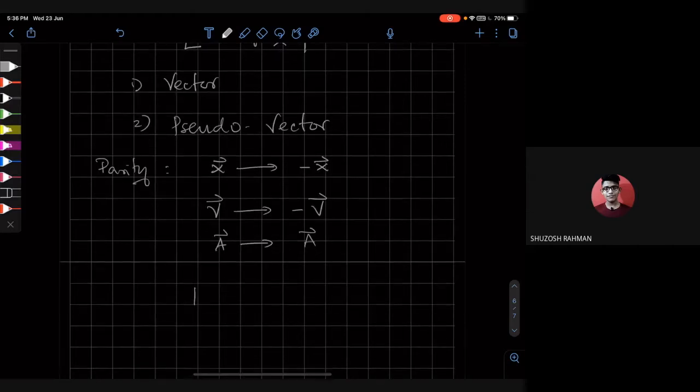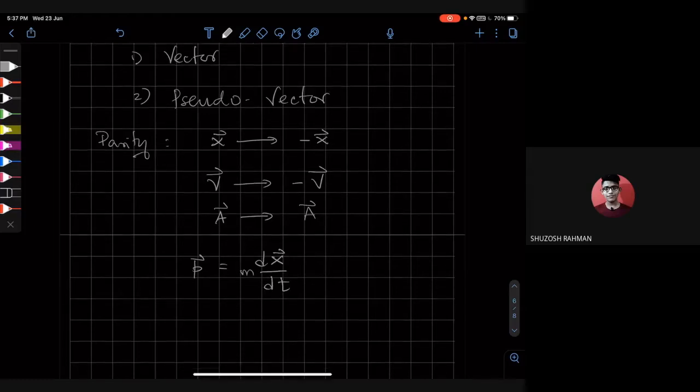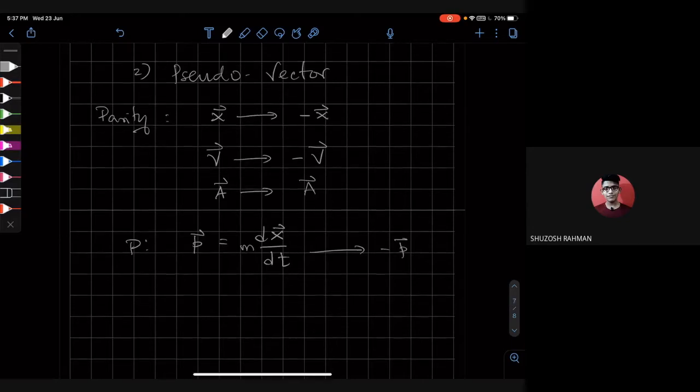So what is momentum? Momentum is the time derivative of a particle's position times its mass. So under parity, t does not change, m does not change, but p goes to minus p. So angular momentum is r cross p, then under parity, it goes to itself because there are two minus signs, right?